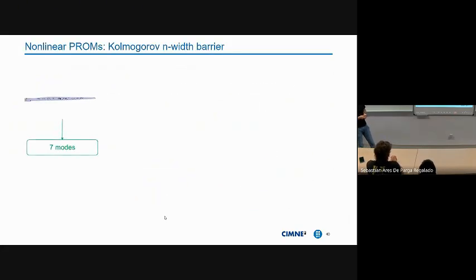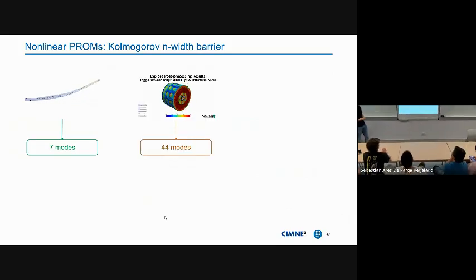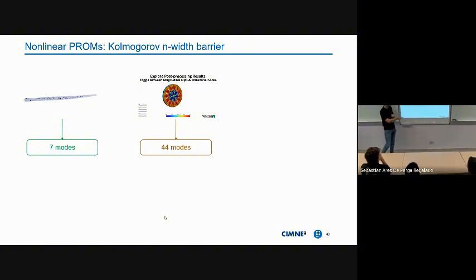And I want to introduce a phenomenon called the Kolmogorov n-width barrier. For the first problem, as I told you, we were using 7 modes to reproduce a problem very accurately. However, I have worked with much more complicated reduced order models, for instance the thermodynamics of a motor, where we needed 44 modes.